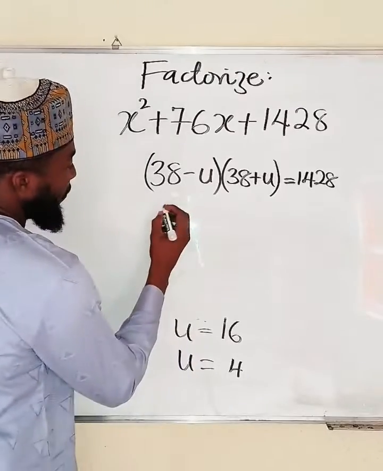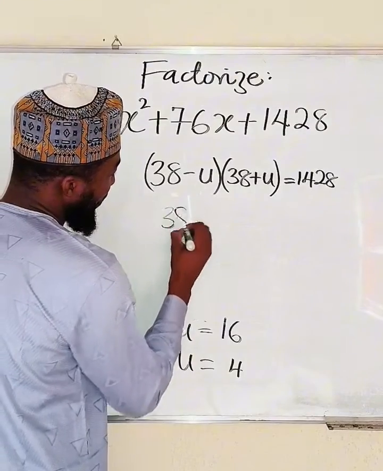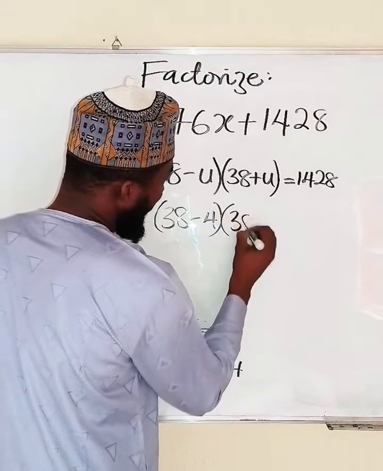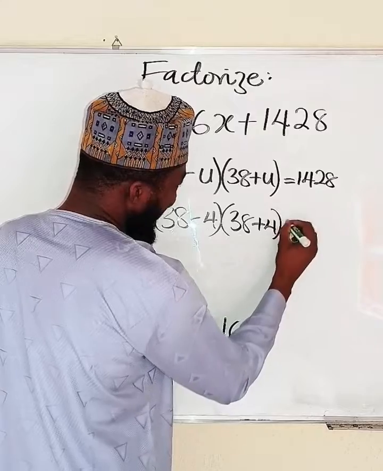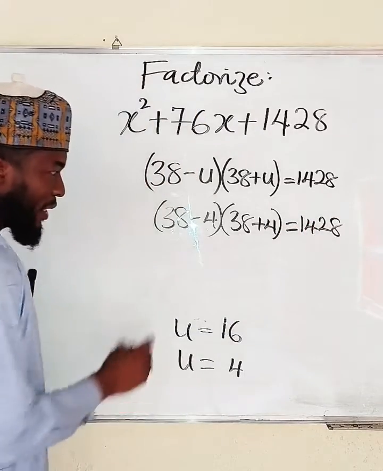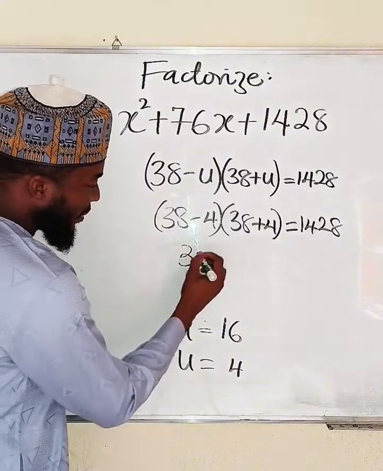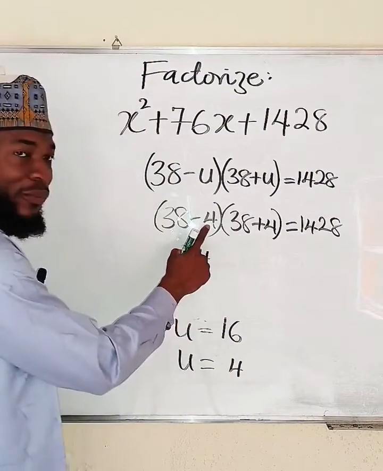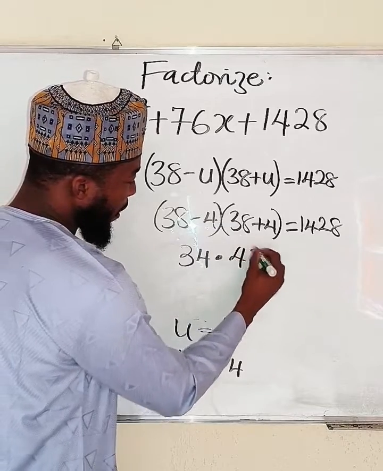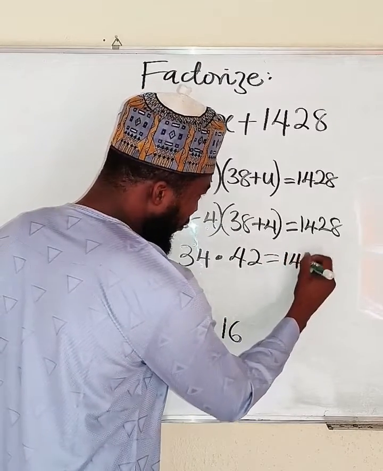So we have 38 minus 4 multiplied by 38 plus 4. Is this the same thing as 1428? Because that's our main goal. This will be 34, right? If you subtract 4, multiplied by, this will be 42. Is this the same thing as 1428?